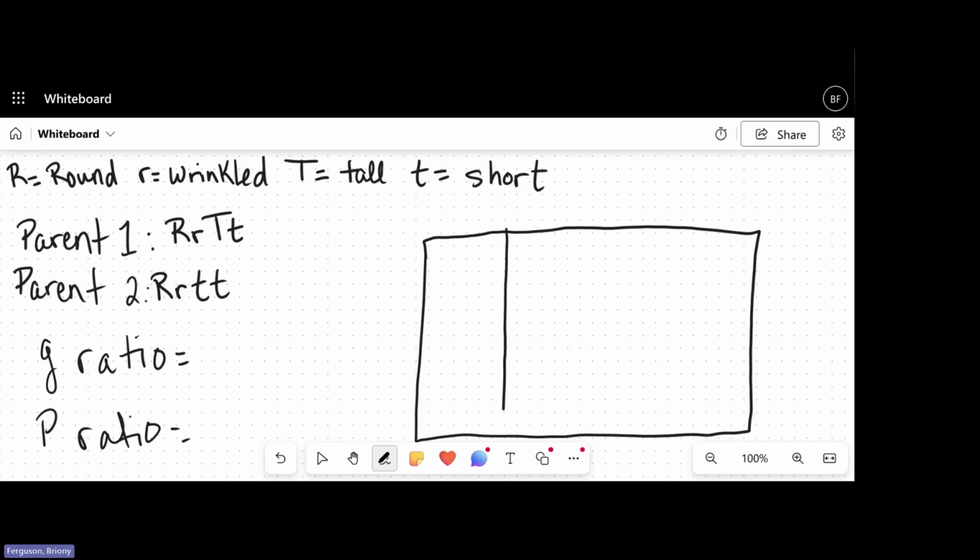Now, I think what really stumps students on this is putting the parent alleles correctly above the top.